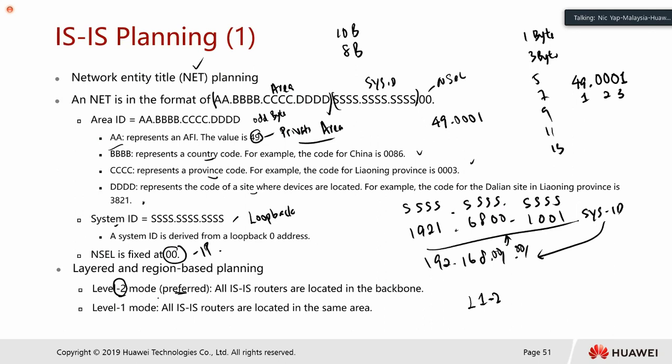Okay? So that is the network entity. The network entity is important. Without the network entity, you cannot configure ISIS. Your network entity is an important point for them to perform communication and negotiation. It's all based on the network entities.